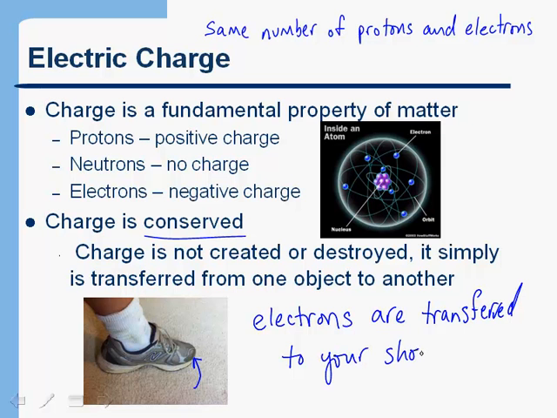So in other words, it's not that charge was created or destroyed, it was just transferred from the carpet to your shoe, and then when you touch the doorknob it gets transferred again, and that's when you feel a spark.